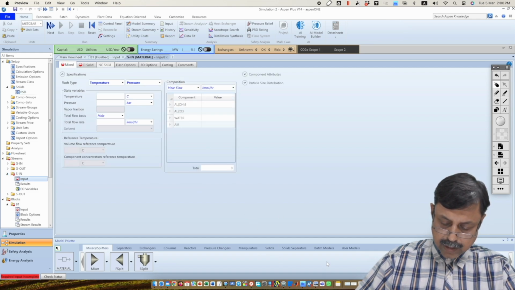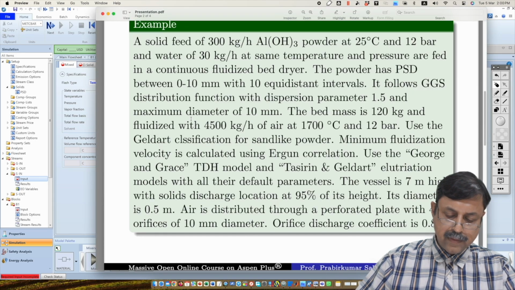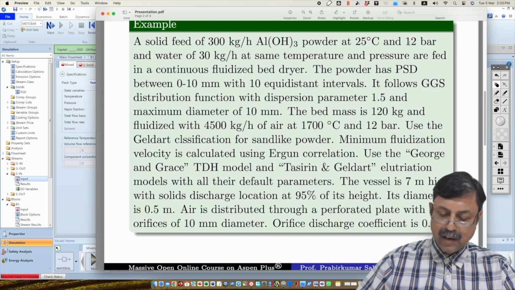Now let us see what the inputs are. We have 300 kg per hour aluminium hydroxide at 25 degrees centigrade and 12 bar pressure. Water is at 30 kg per hour at the same temperature and pressure.